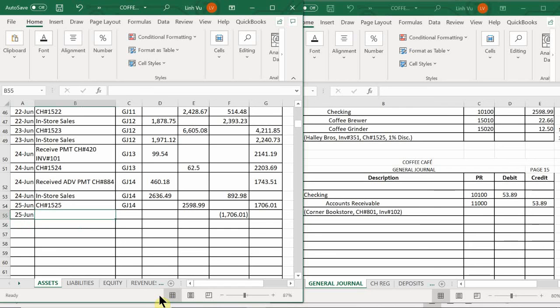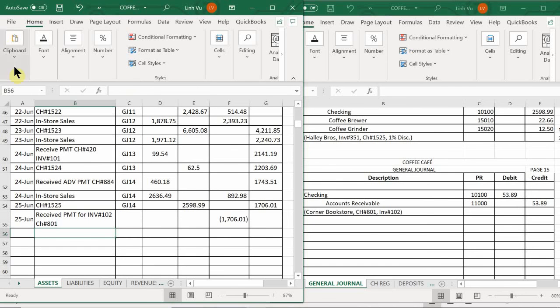Okay. General journal 14. Oh no, we're on 15 now. Credit for 53.89.